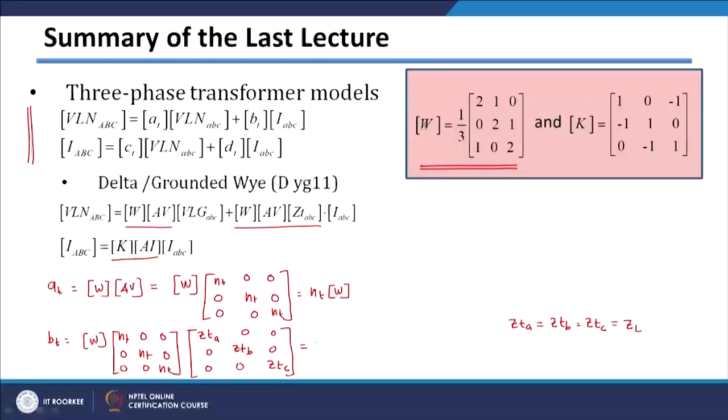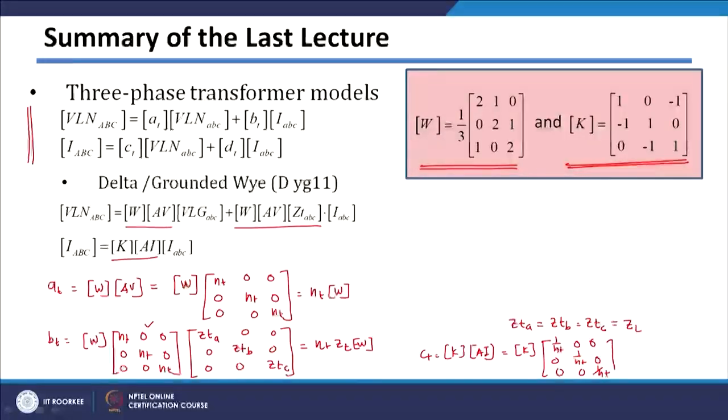So this matrix will become equal to NT, which I can take common out, ZT, which I can take common out, multiplied by W. And then your CT matrix will be K multiplied by AI, where this K matrix is given by this term here. So it will be K multiplied by AI, which is 1 upon NT on the diagonal with 0 elsewhere, so it will be equal to 1 by NT into your K matrix.